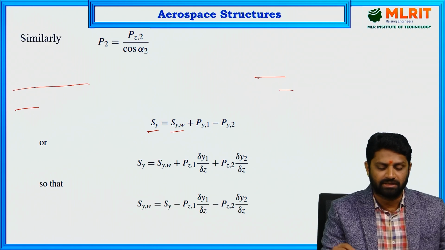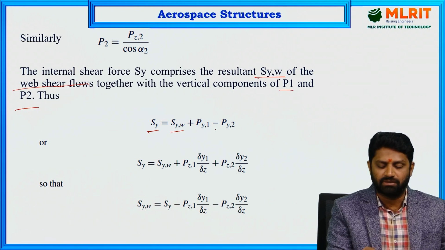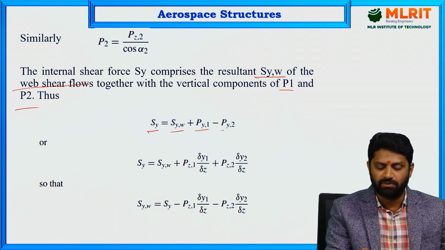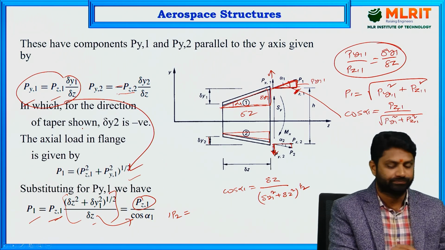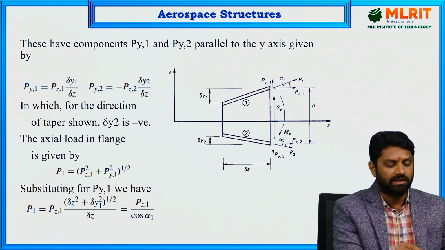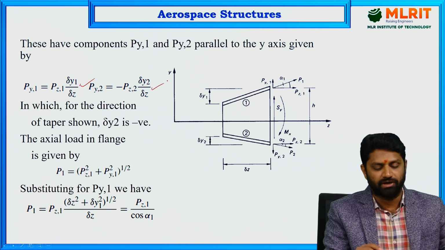Rewriting that equation, Sy equals SYW plus Py1 minus Py2. From here again you can substitute for Py1 and Py2. We know from the previous equation that Py1 equals Pz1 into delta y1 by delta z, and Py2 equals minus Pz2 into delta y2 by delta z.